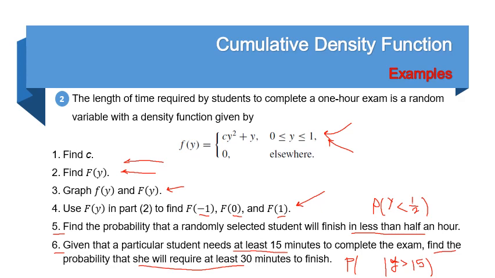The first condition he gave us is y greater than 15. Then we need y to be greater than 30, because he said at least 30. Again, you write equal or not, it won't make any difference. And if you remember, this probability has to be translated into the intersection between y greater than 30 and y greater than 15, over the one closer to the equal sign, which is the probability y greater than 15, as we'll see in our next slide.